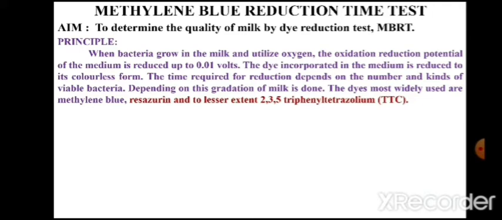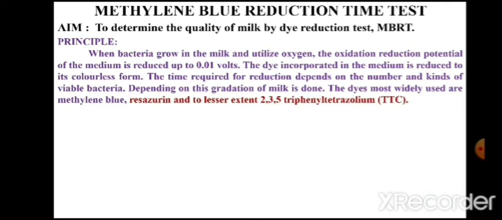So what exactly is this reduction potential? If you remember, the definition of oxidation is removal of electrons. The definition of reduction is gain of electrons.